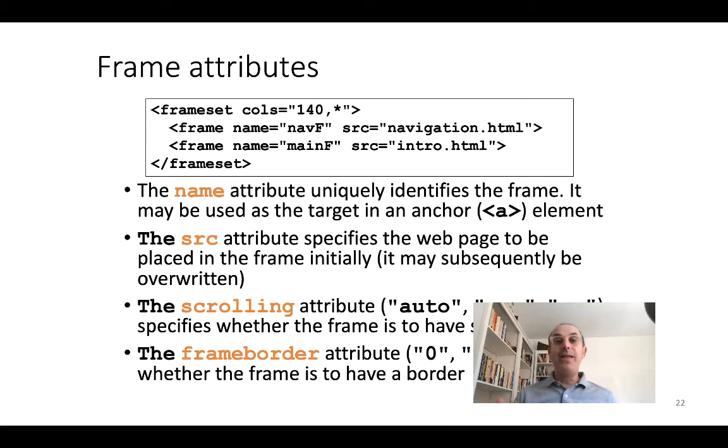There is the name, there is the source, and there is scrolling. If you are setting up 2 pages or 3 pages of HTML and you do not want the user to scroll in those pages, you can say no, or if yes, you can say yes. When you are looking at your blog, the code for the frame usually says no scrolling to the navigation and yes to the content.